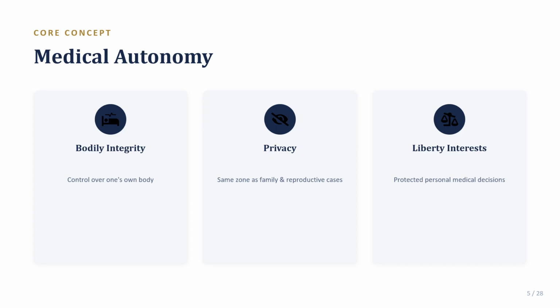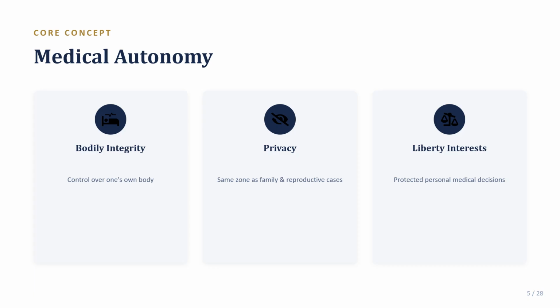Each term has a slightly different doctrinal weight and history. So lawyers often will argue using whichever framing is the strongest for their specific cases, and the courts will sometimes blend all three into a single opinion without distinguishing them.